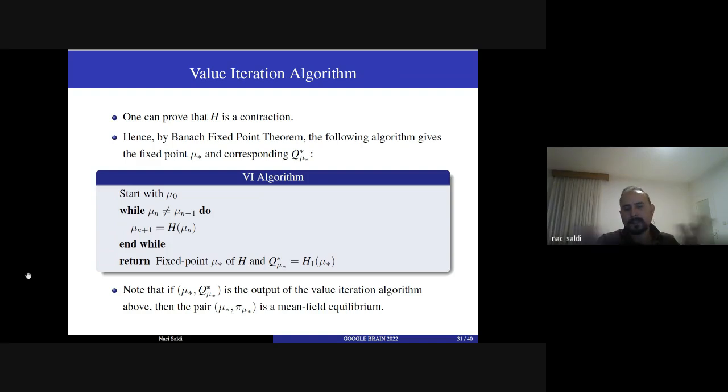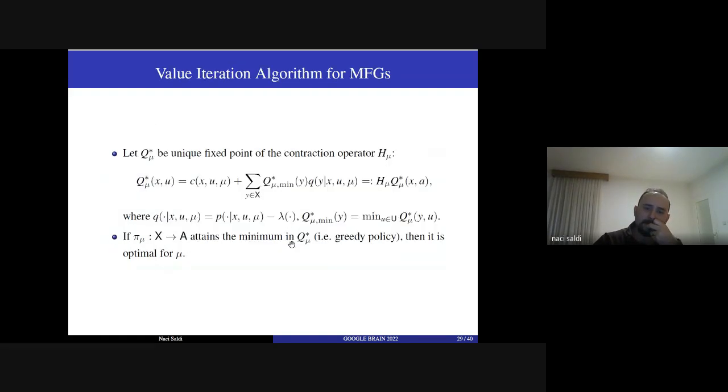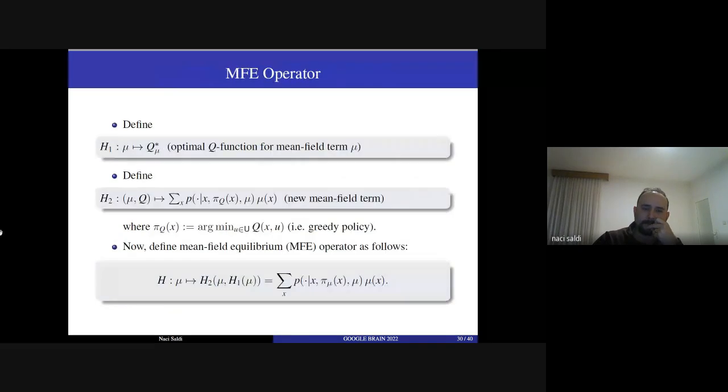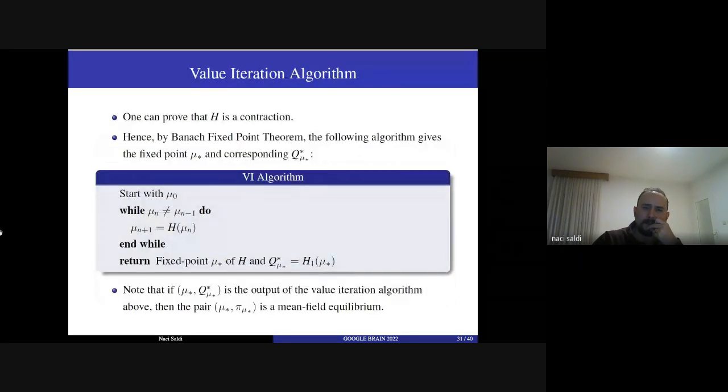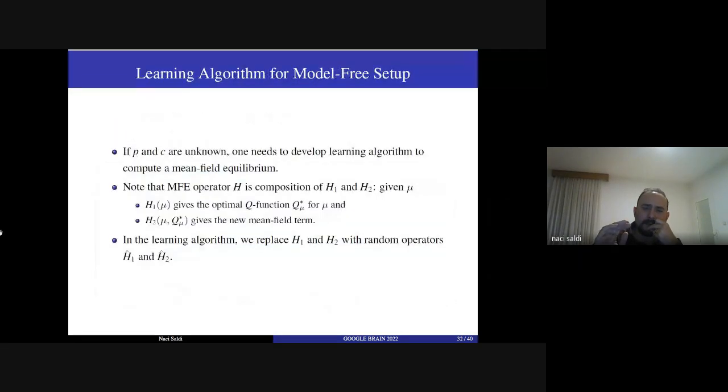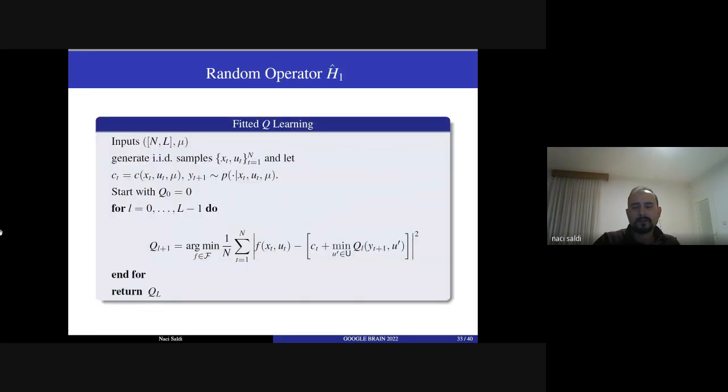Again, you can prove this by using this analysis here. And again, if you don't know the model, we have to develop a learning algorithm. So we have to replace H1 and H2 with random operators, the same thing that we did in discounted cost.